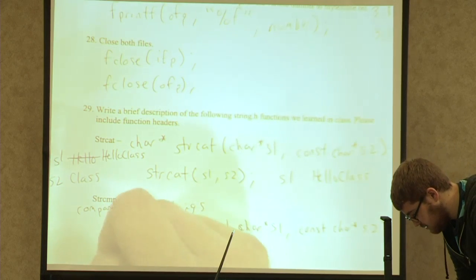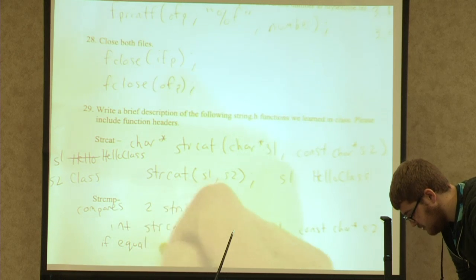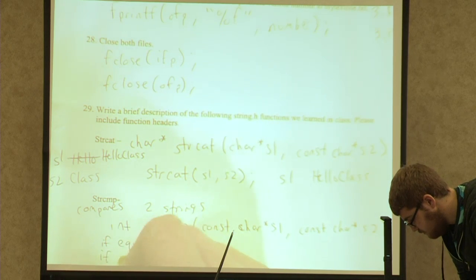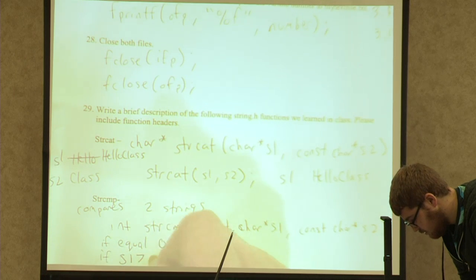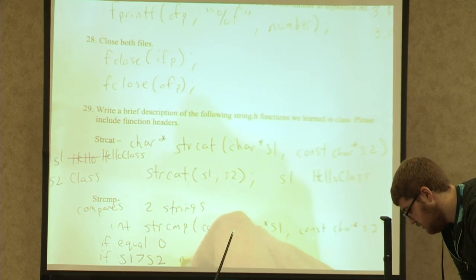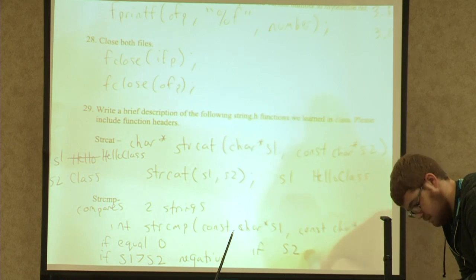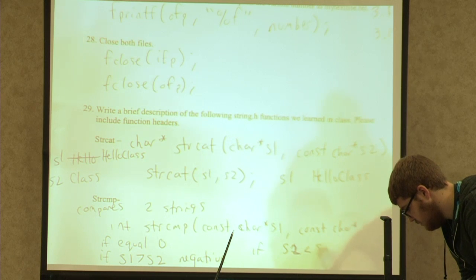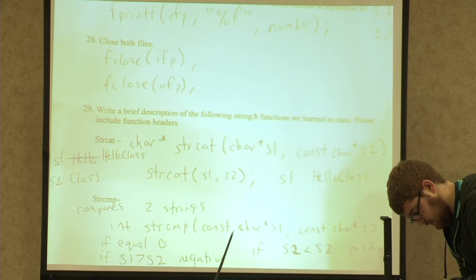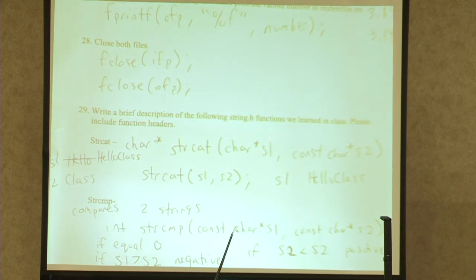So then if they're both the same word, you're going to get 0. If the first string S1 is greater than S2, you're going to get a positive. And if S1 is less than S2, you're going to get a negative. Say S1 is a lowercase a and S2 is an uppercase a.